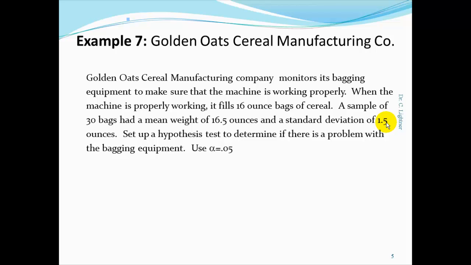Had this standard deviation value been the population standard deviation, the problem would have stated that the population standard deviation is 1.5, or it would have said sigma was equal to 1.5. Since there was no indication that this was population standard deviation, we assume that this is the sample standard deviation, S.